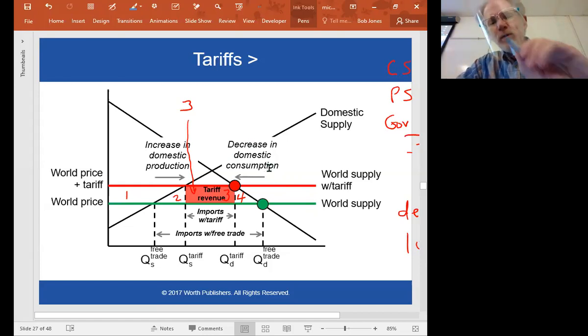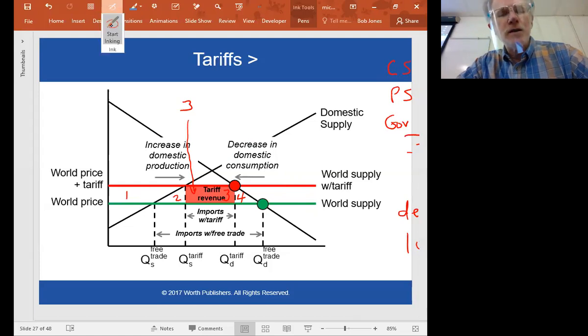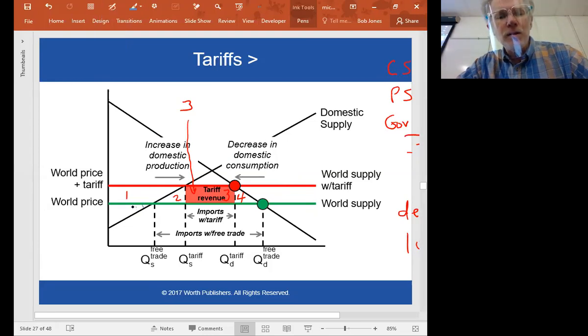So when we had free trade, the producer surplus, this was the price line, this is the supply curve. So the producer surplus was that area. The tariff raises the price up to the red line. And so now the producer surplus, still the same definition, the area below the price line and above the supply curve.